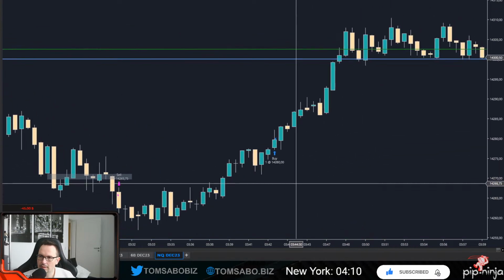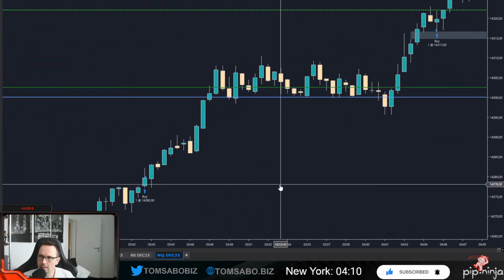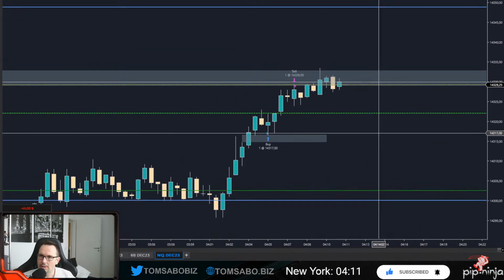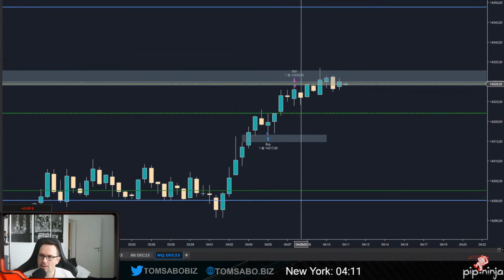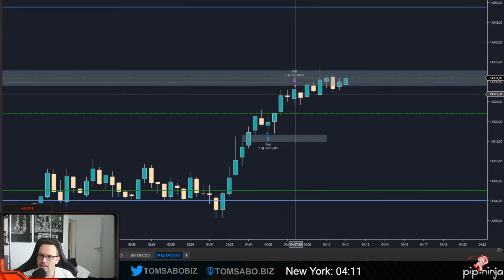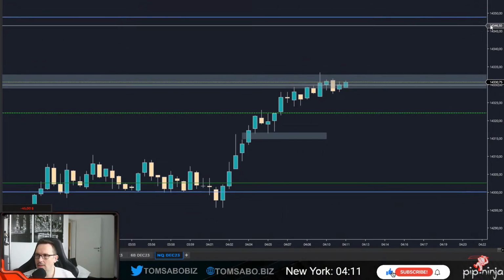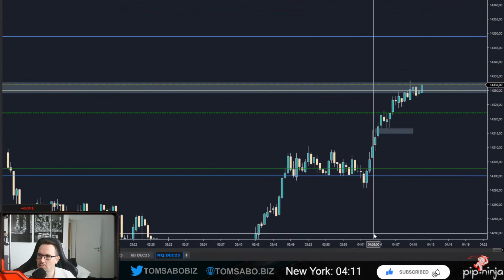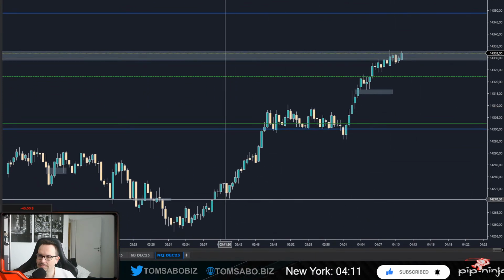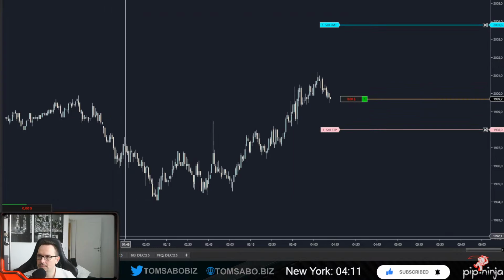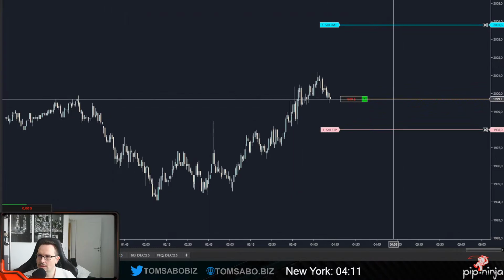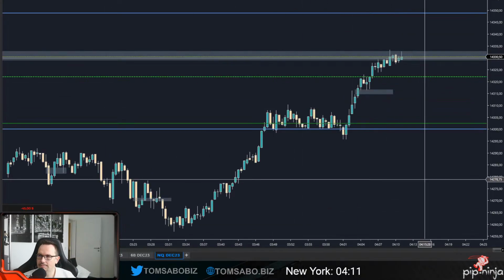And then entered a buy position to target the 15-minute imbalance. It was nice with one contract, and that's it. So now we're back to waiting. And gold just went down to break even again.